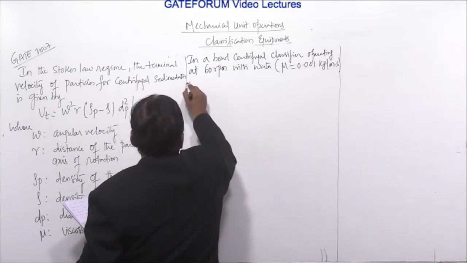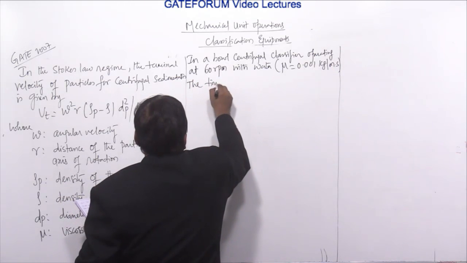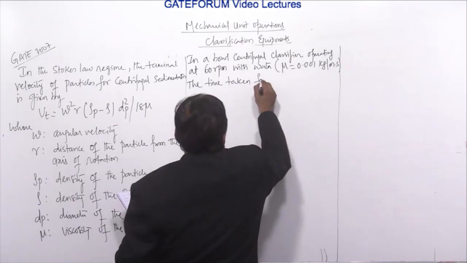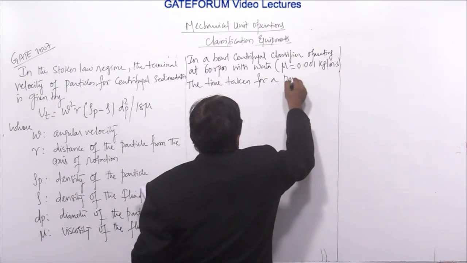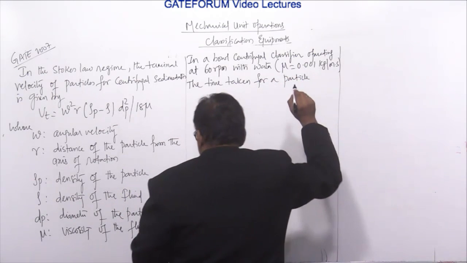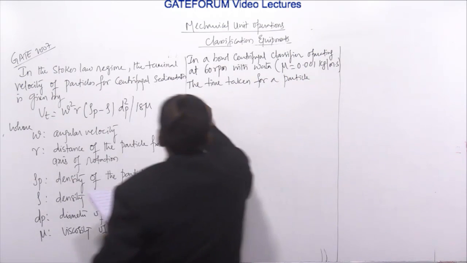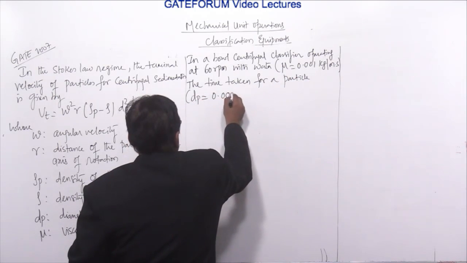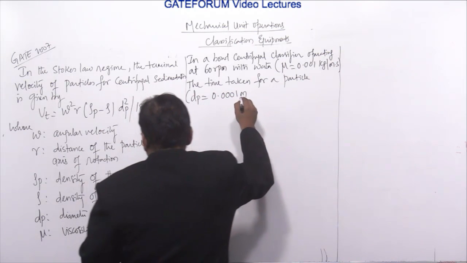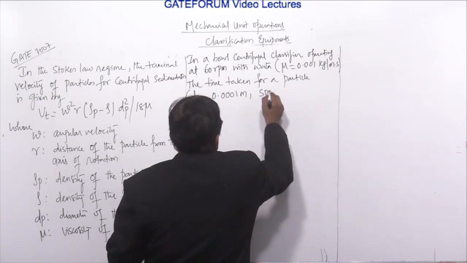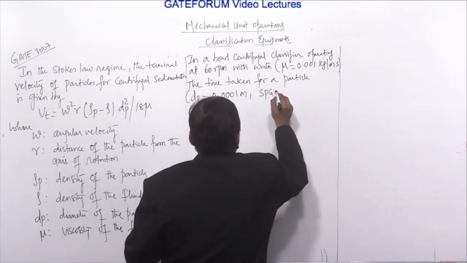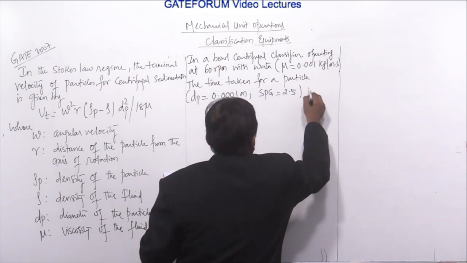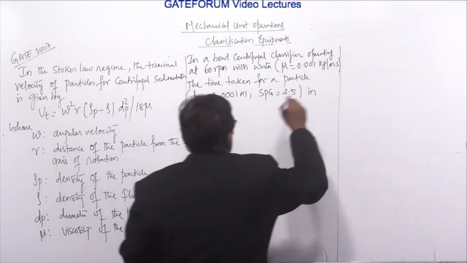The time taken for a particle dP is equal to 0.0001 meter. Specific gravity is 2.5, in seconds.